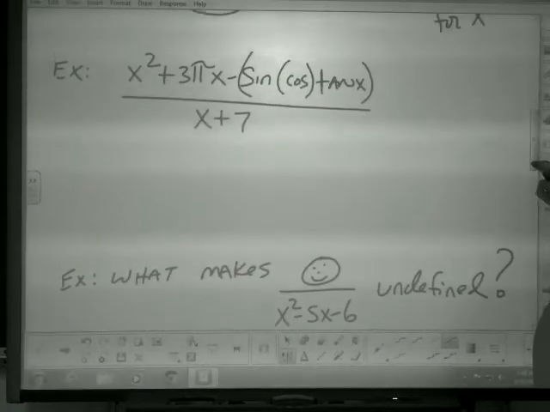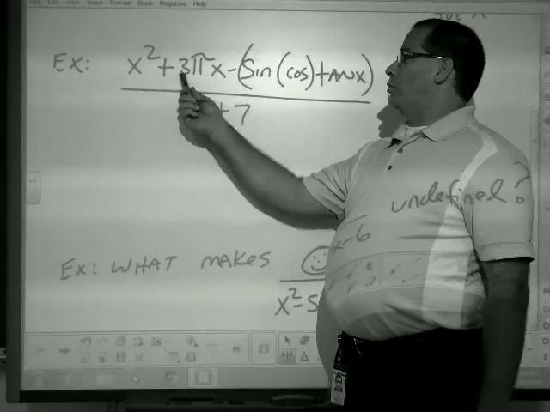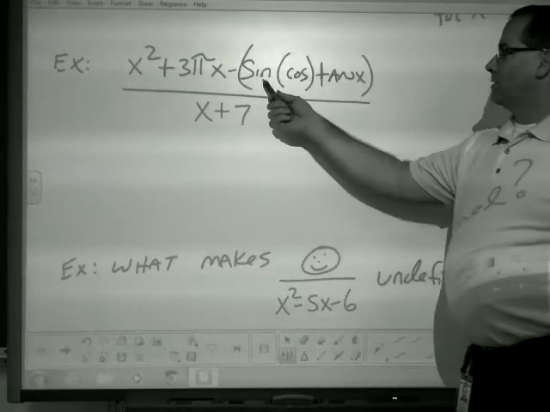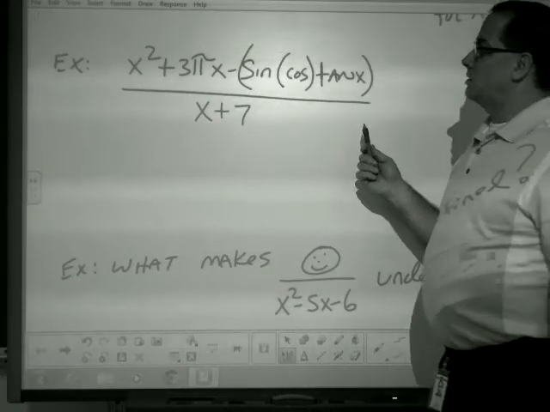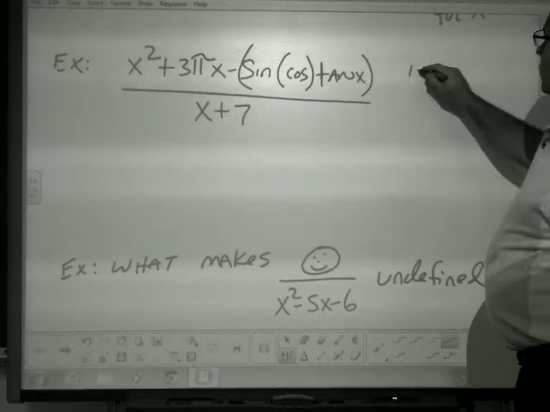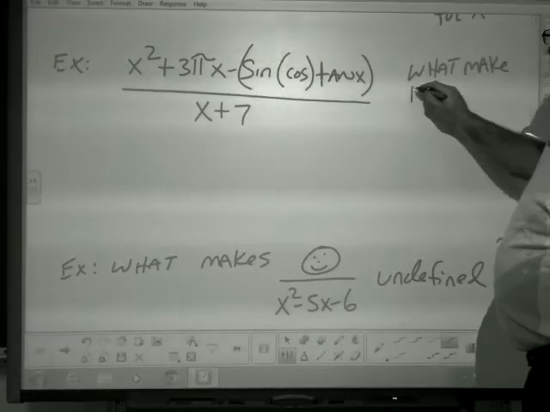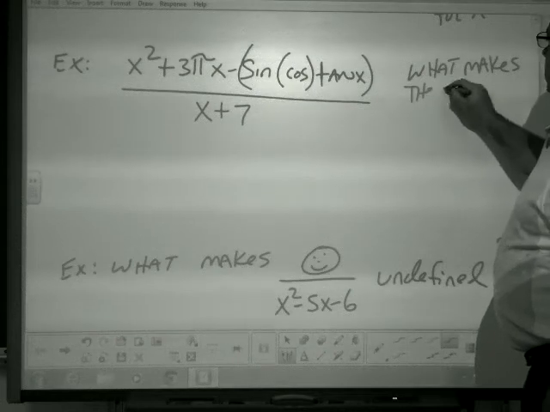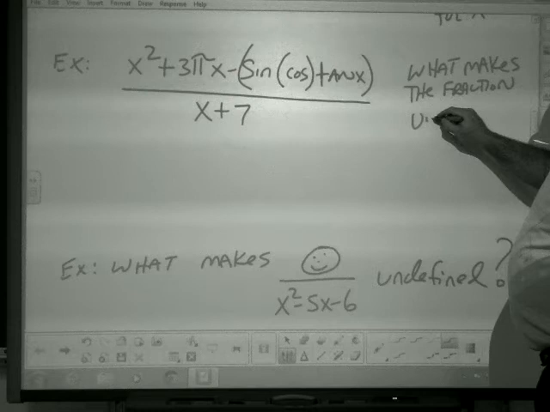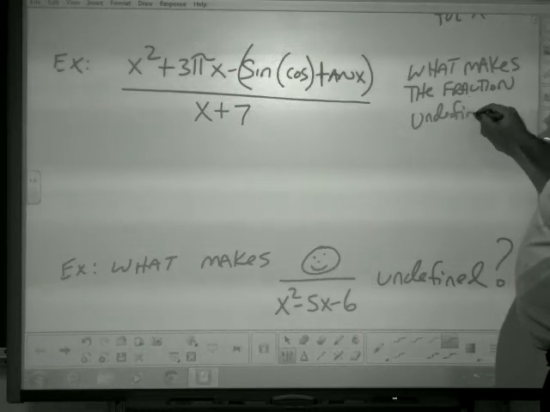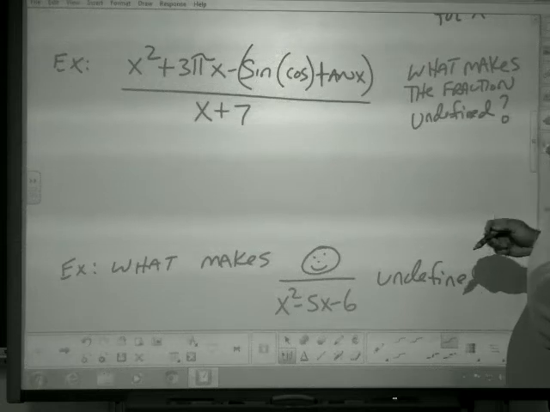Okay, in this one, this is pretty fancy up top. X squared plus 3 pi x minus sine cosine plus tangent. Who cares? Because if the directions are what makes the fraction undefined, then I don't care what's on the top.